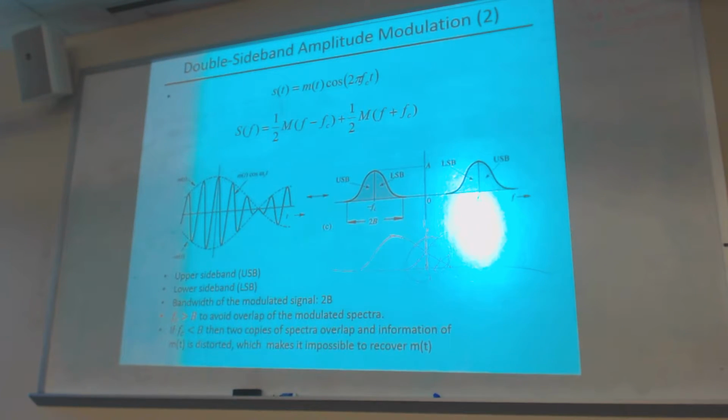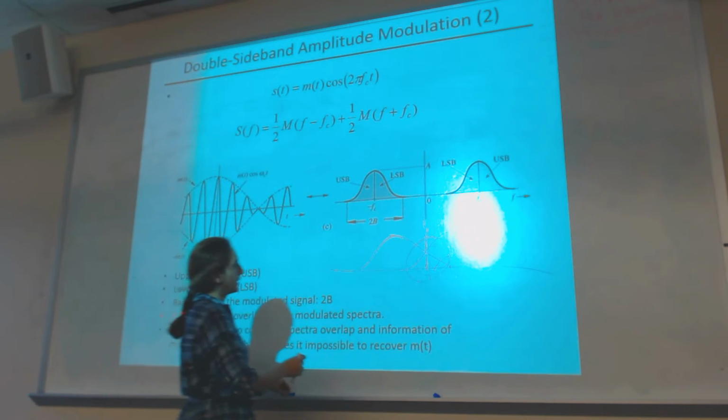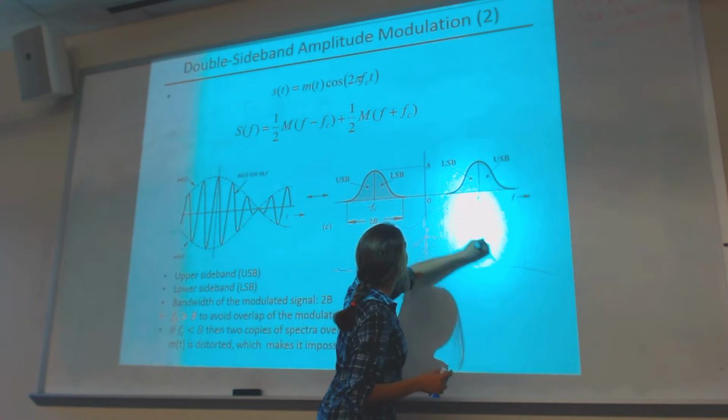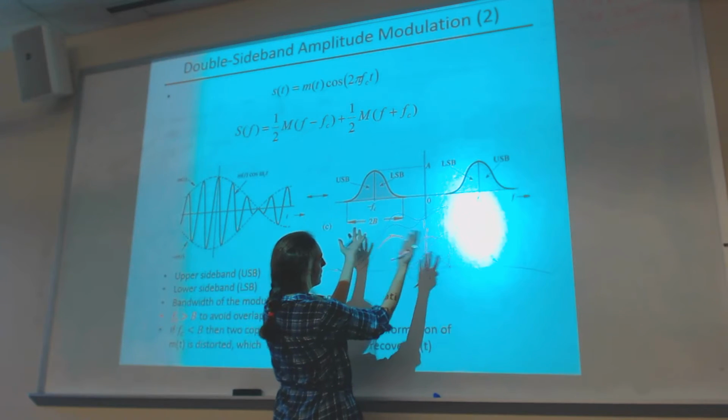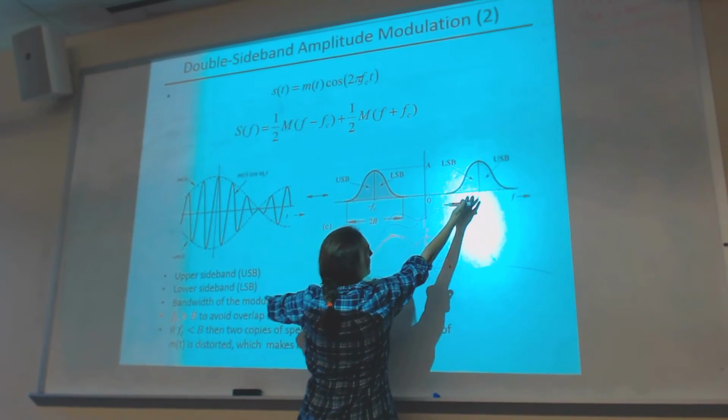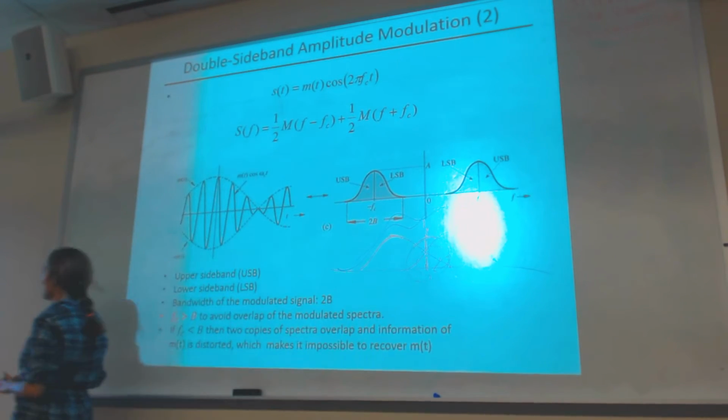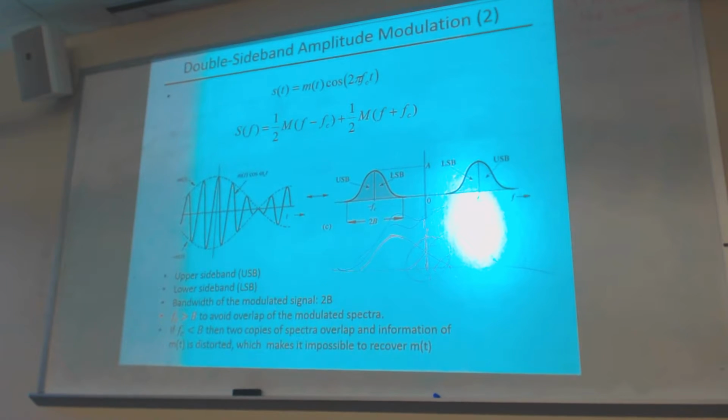When these two are added together, I no longer know what is what. Where is my original signal? It's lost. So if the carrier frequency is smaller than the bandwidth B, the two copies of the spectrum overlap, the information of m(t) is distorted, which makes it impossible to recover m.